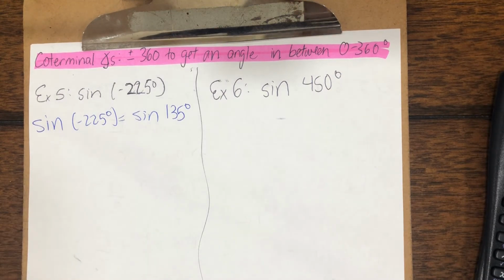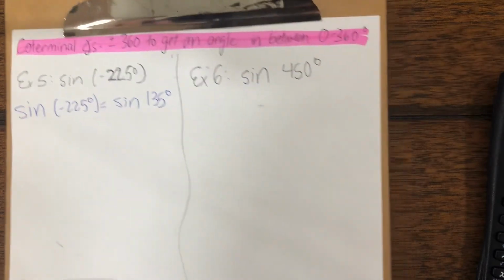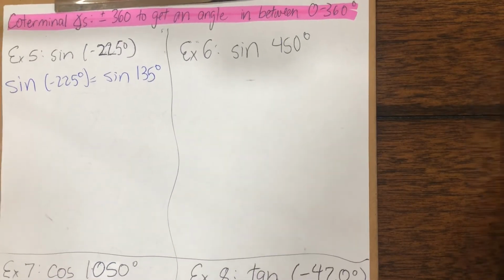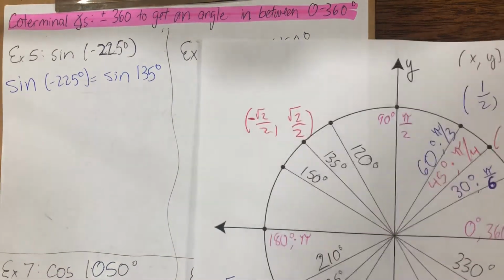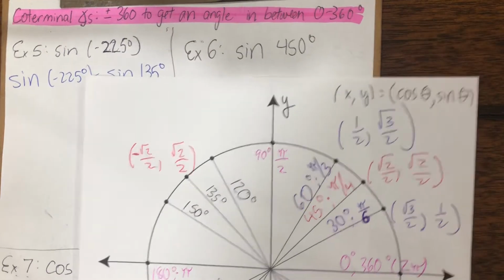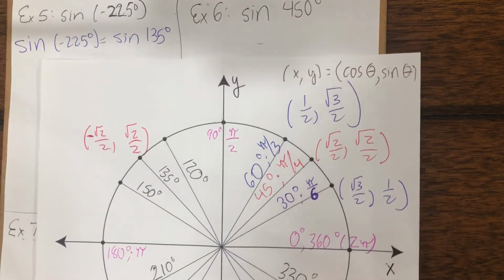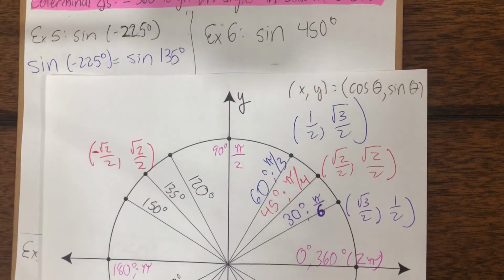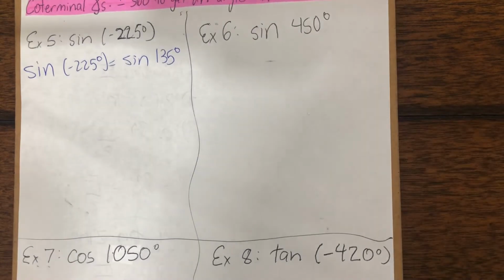It looks like one of the previous examples that we did when using the unit circle. The first step is we have to figure out where 135 is located in the unit circle. If you take a look at the unit circle, it's in between 90 and 180, which is in the second quadrant. So we're looking in the second quadrant.